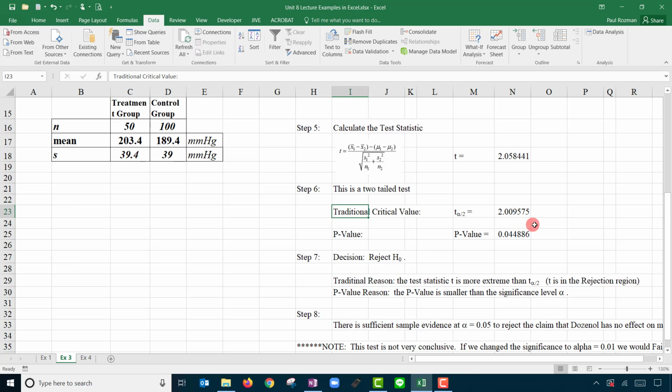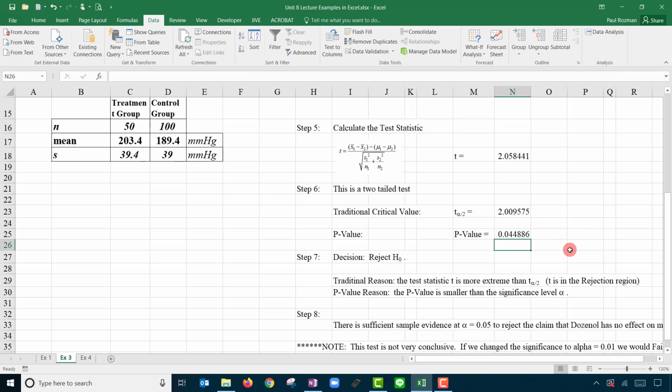So if you're a traditionalist, you'd be comparing this t alpha over 2 to your test statistic of 2.05, and you see that 2.05 is slightly larger than 2.01, so you reject the null hypothesis, or you calculate the p-value. I put the formula in here for how to get this, which is basically reverse reading the t-table. So you have T.INV, and then for p-values you have T.DIST.